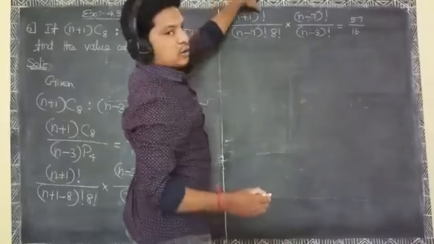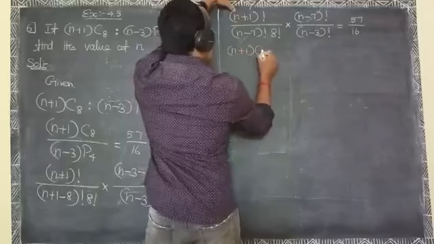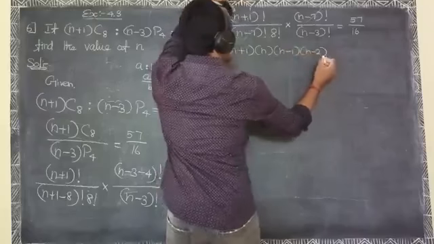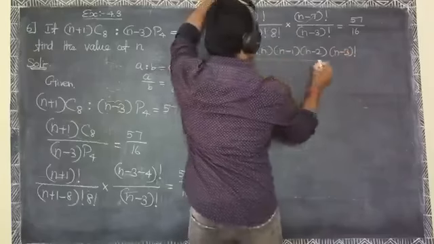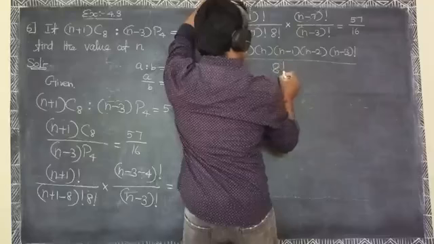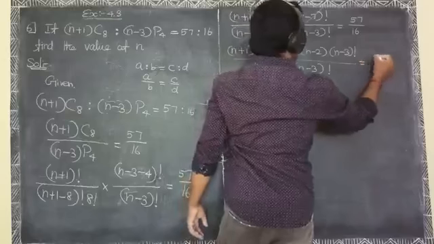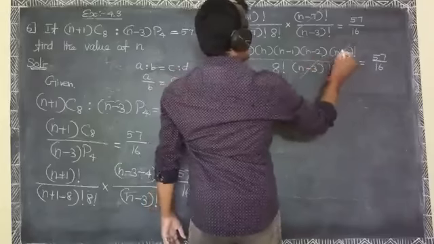(n+1) factorial we can rewrite as (n+1) into n into (n−1) into (n−2) into (n−3) factorial, divided by 8 factorial into (n−3) factorial, which is equal to 57 divided by 16. Here (n−3) factorial and (n−3) factorial are cancelled.